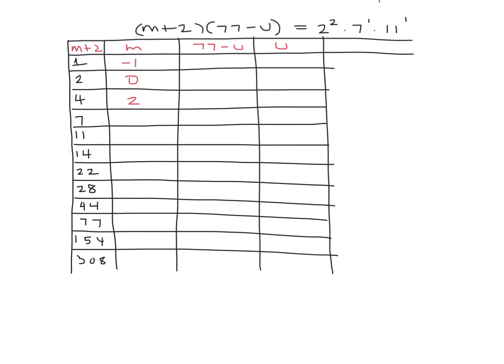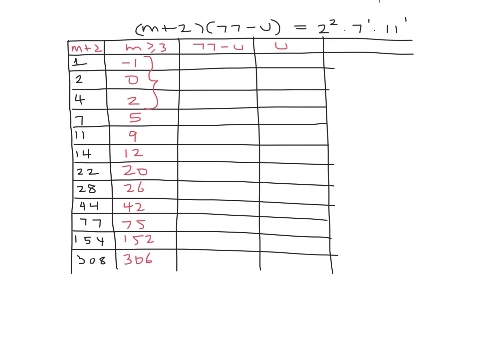So these three values are invalid because m has to be greater than or equal to 3. Okay, no problem. Let's keep going with these values. So this is going to be, let's say here, 5, 9, 12, 20, 26, 42, 75, 152, and 306.